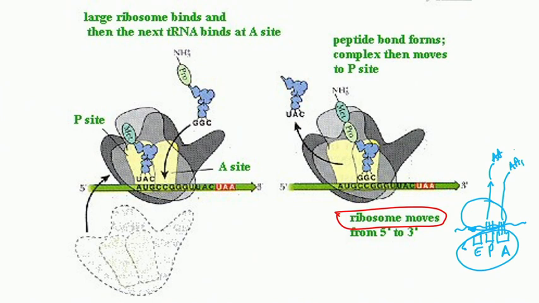So, the reaction that takes place is very simple, it is a transacylation. So, it was OCO R and then NH2, and next to it is another tRNA which will also have OCO, suppose R1 NH2.